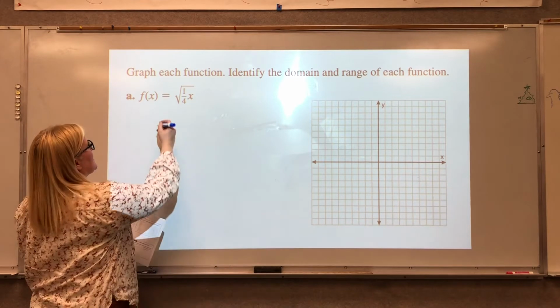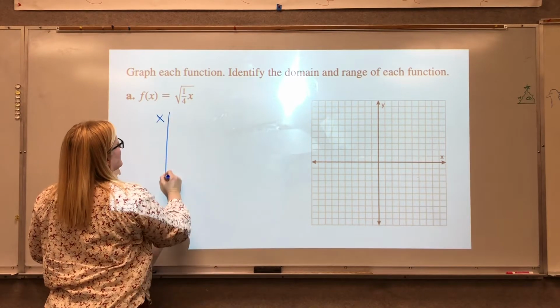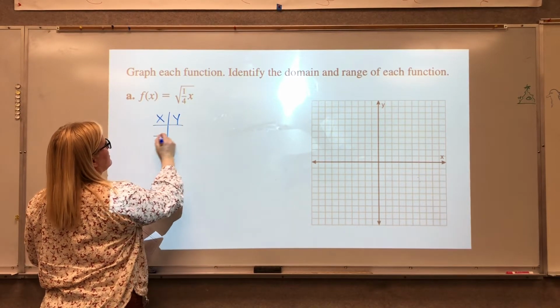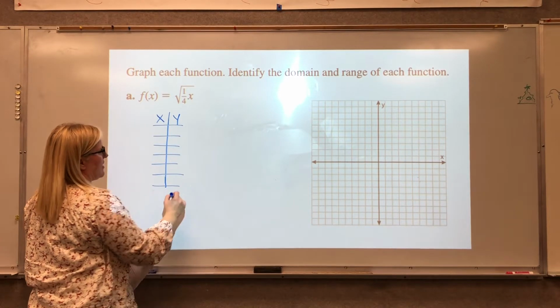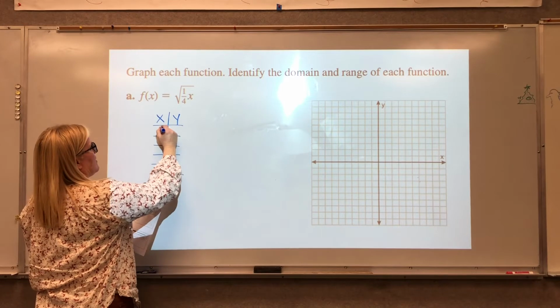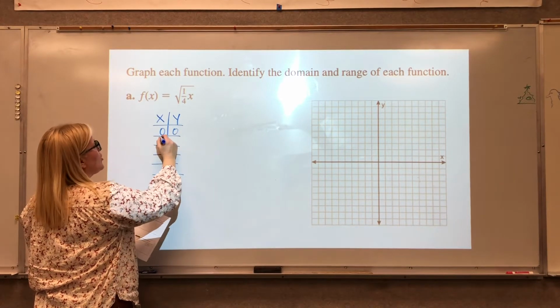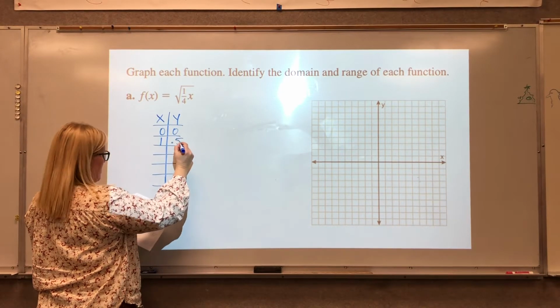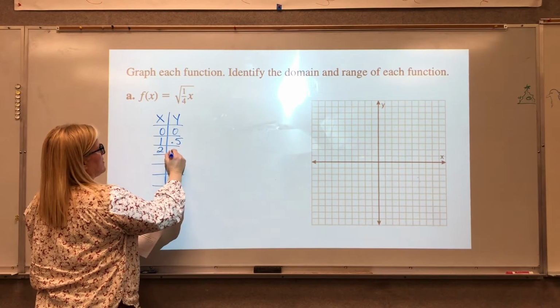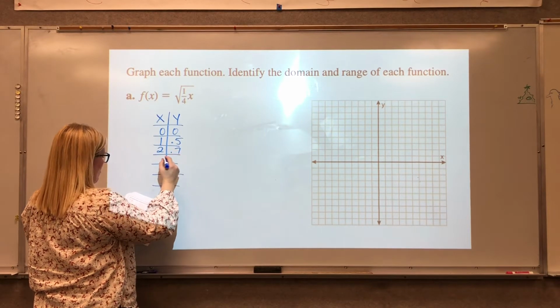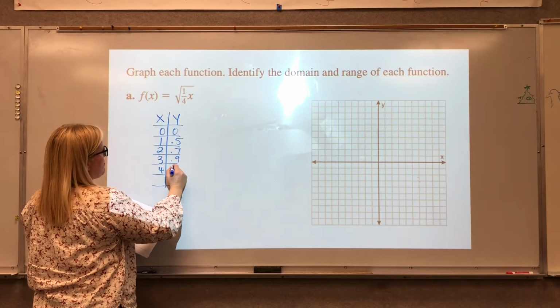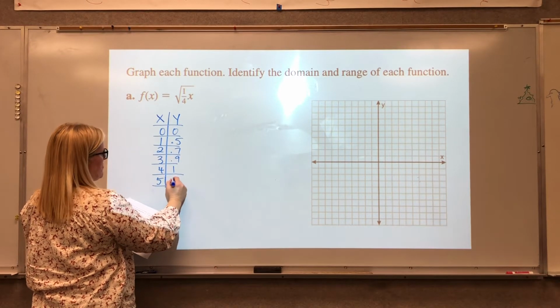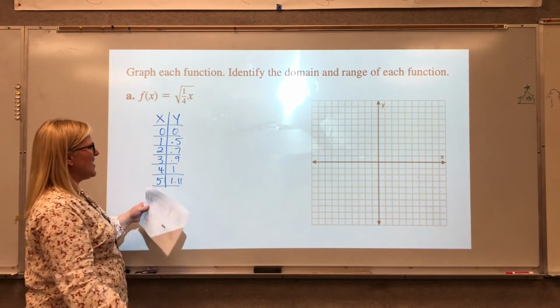What I did is I just made a table and put it in my graphing calculator to get the answers. You could also put this in Desmos and it will give you the table. And I am really, really rounding. I probably would have wanted to use some bigger numbers, but I just thought I would do this.